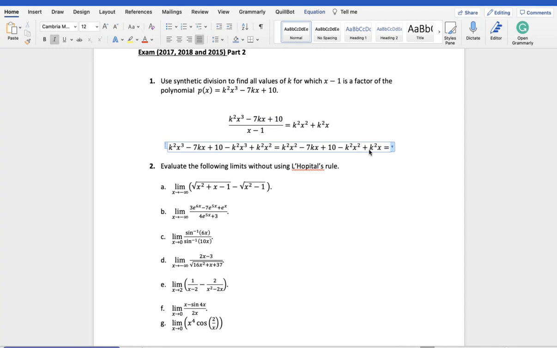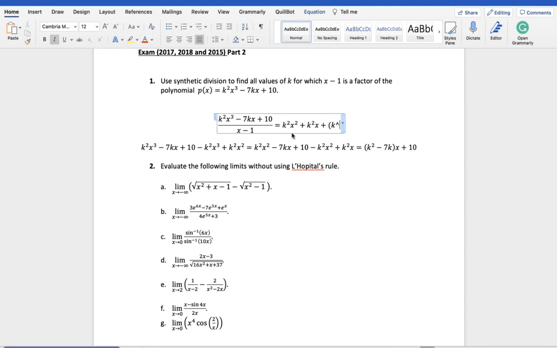Sorry, you get k squared x squared plus k squared x. When you subtract the two, what you're left with is k squared minus 7k, all multiplied by x, plus 10. When you divide this by x minus 1, you get plus k squared minus 7k.